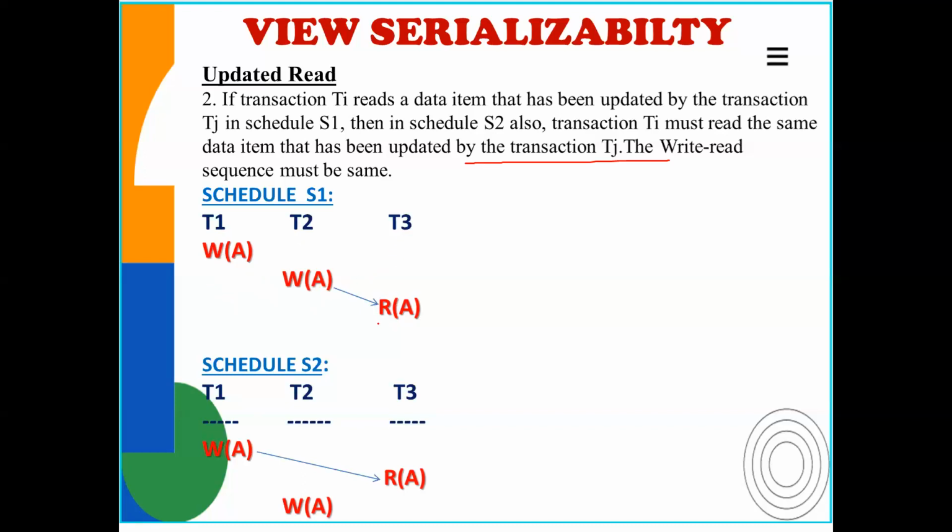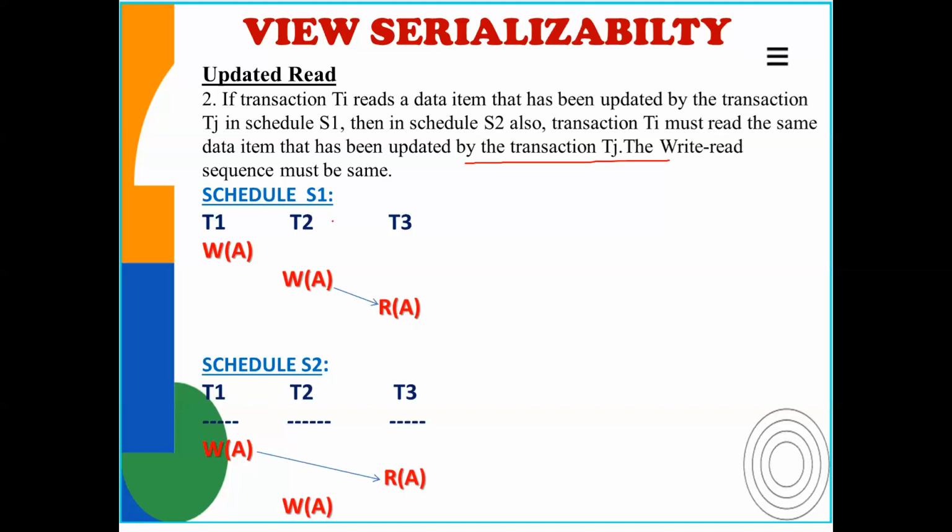T3 is performing a read operation on the data item A. Now this data item A has been updated or written by the transaction T2 before. T2 updates the data item A, which is read by transaction T3 later. So T3 is reading the value of A which has been updated by transaction T2.